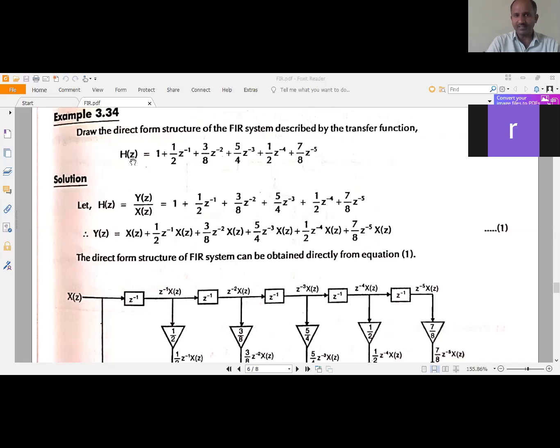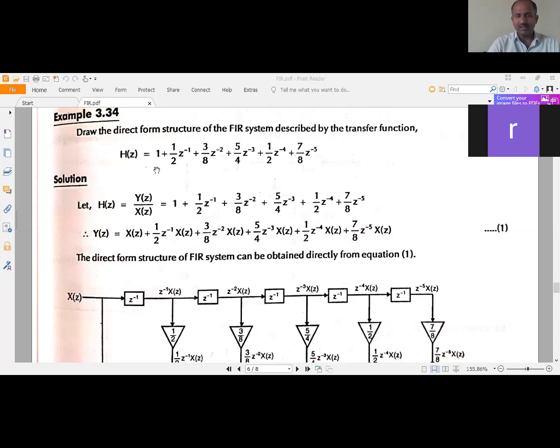H of z equal to 1 plus 1 by 2 z inverse plus 3 by 8 z power minus 2 plus 5 by 4 z power minus 3 plus 1 by 2 z power minus 4 plus 7 by 8 z power minus 5. By looking at this transfer function, the multipliers are 1, 1 by 2, 3 by 8, 5 by 4, 1 by 2 and 7 by 8.